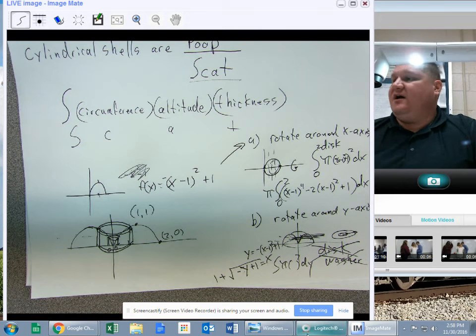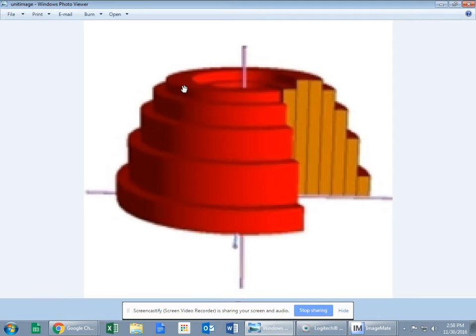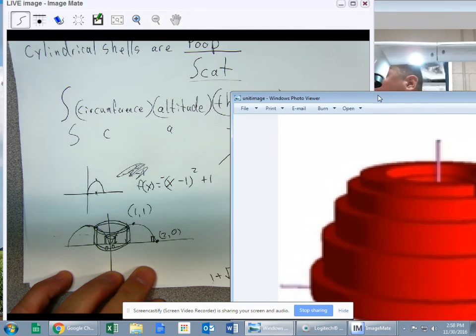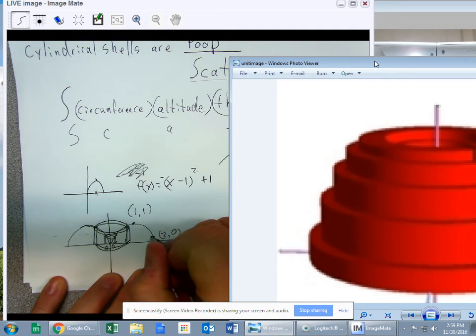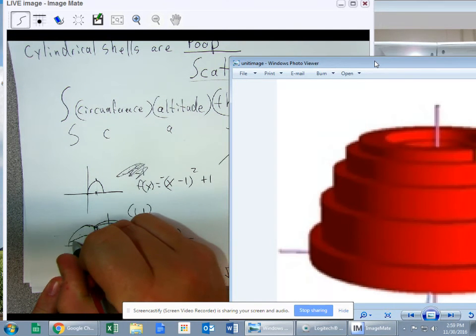Oh, by the way, here's another graph that might be helpful. Here is basically our graph, and it shows that the outer cylinder is going to be very, very short, but it's going to go a long way around.